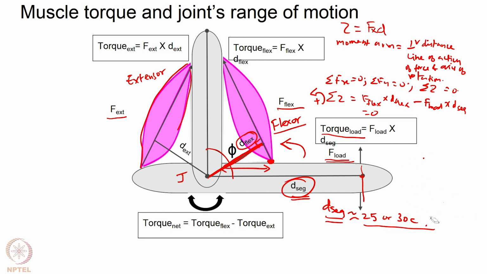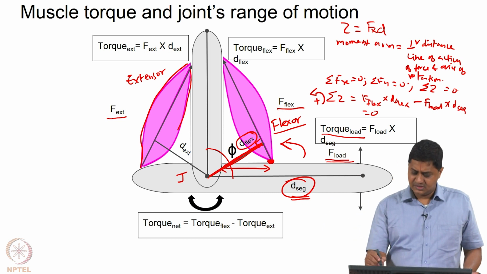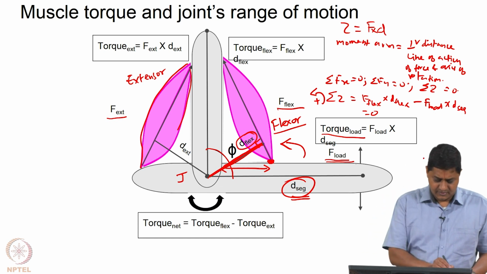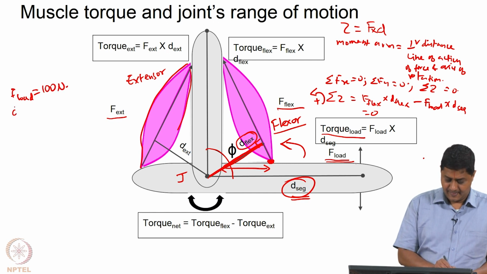To simplify my problem, I am going to assume following values for the forces and moment arms. These are, I will write here, F load is 100 newtons, okay. D seg is 30 centimeters, d flex is 3 centimeters.